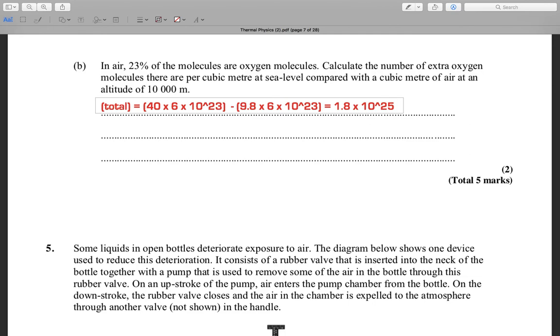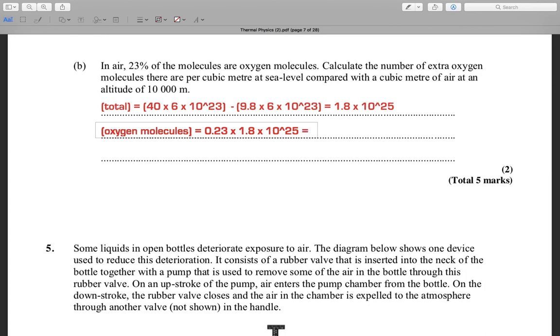So for oxygen molecules, the same thing applies; allow an error carried forward for an incorrect value from A. Because it is 23%, the oxygen molecules are 0.23 times that number, 1.8 times 10 power 20.